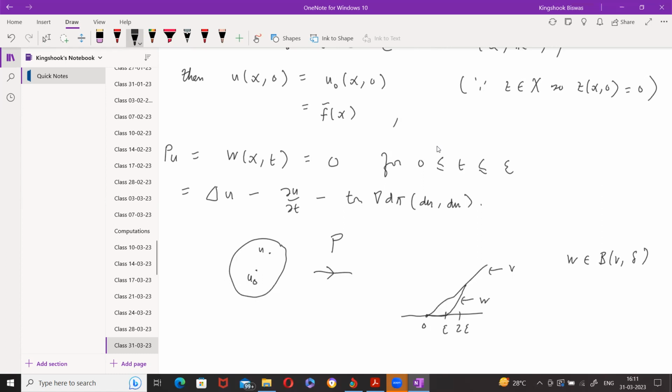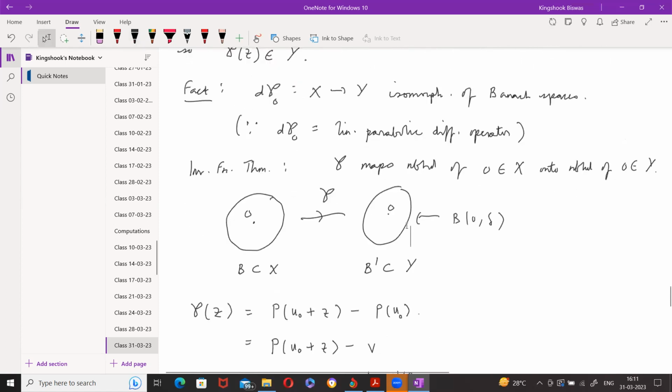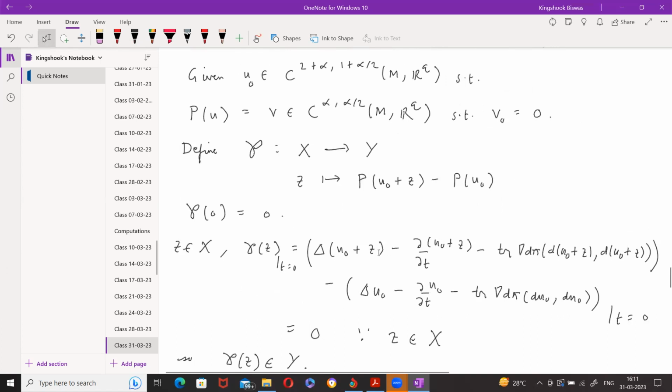Okay, so the reason why you can apply the inverse function theorem comes from the fact that, so that computation is done in the notes. I don't have time to do it today. But the point is this nonlinear operator, when you differentiate it with respect to Z, the linear term stays the same. So you get this Laplacian minus del del t as part of the derivative.